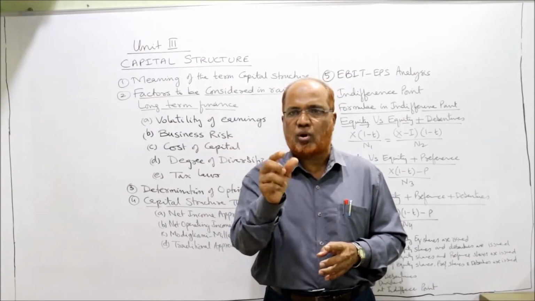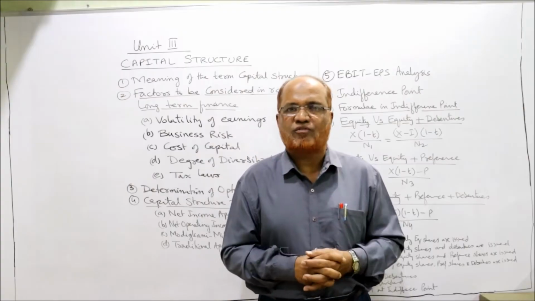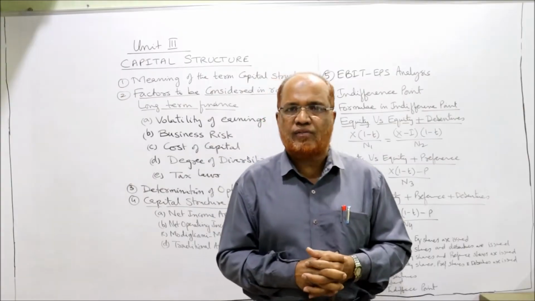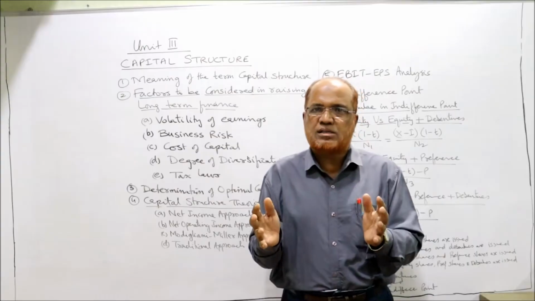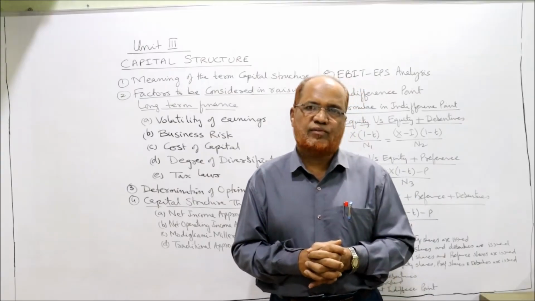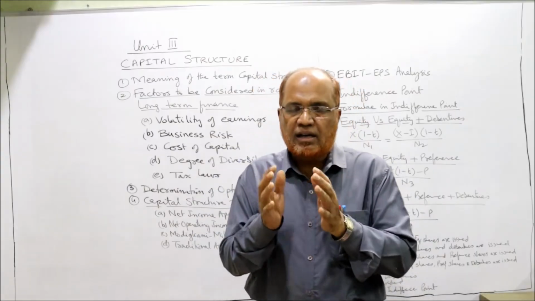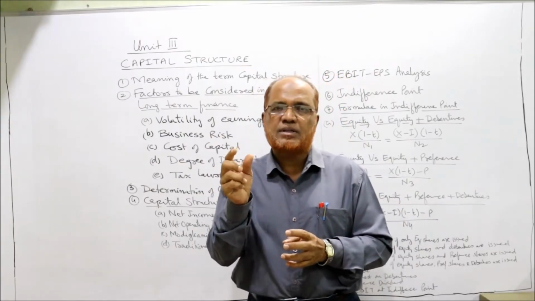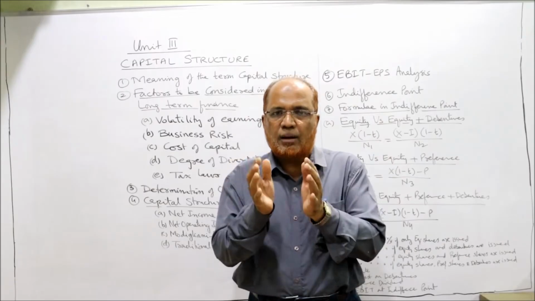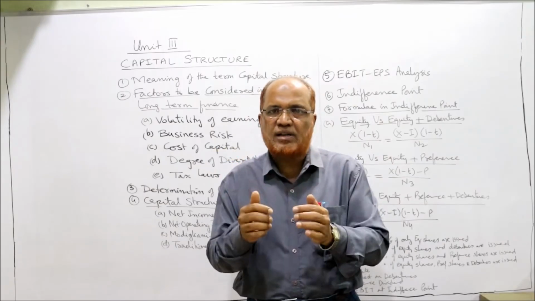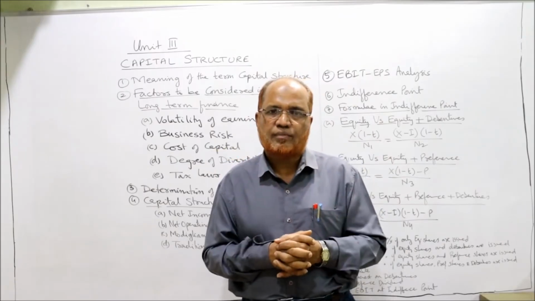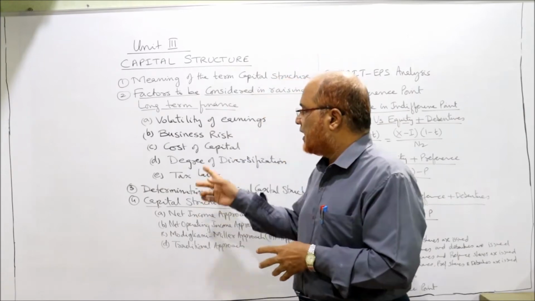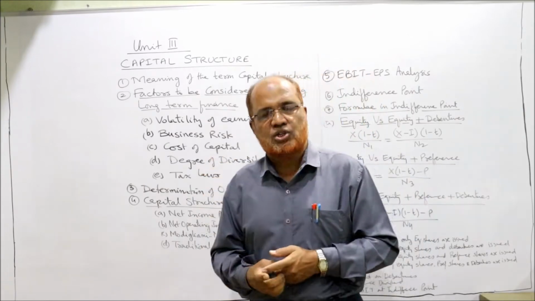KE stands for cost of equity, KP cost of preference, KD cost of debt. If we combine all these, we'll get KO, overall cost of capital. So while deciding from where to procure the long-term funds, the cost of capital must be considered. The company wants to raise the funds at the lowest cost.